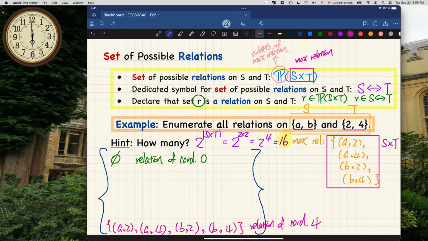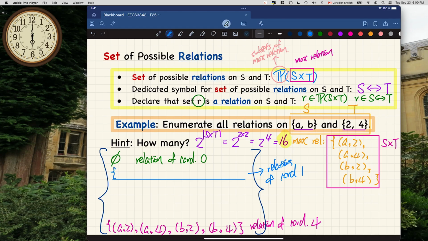I can just do one of them. How about that? Let's say we want to enumerate the relations in the second row. We want to enumerate all the relations of cardinality 1. That means each member there should be a set of only cardinality 1. Would you agree?